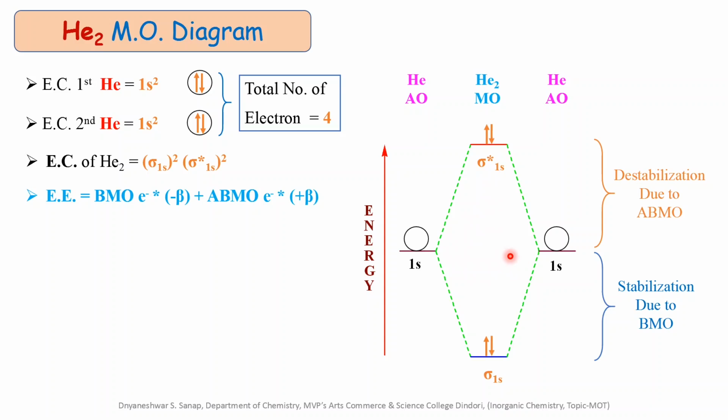Plus beta is the energy difference between the barycenter and the antibonding molecular orbital.